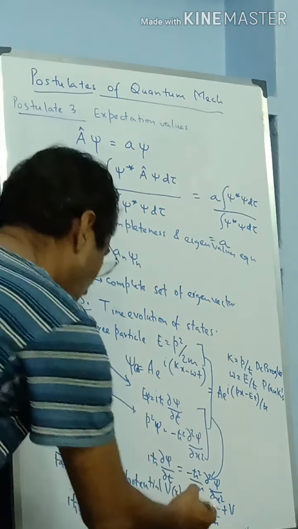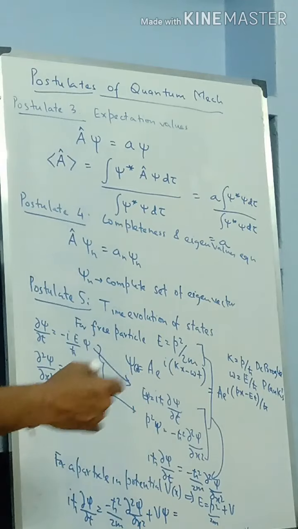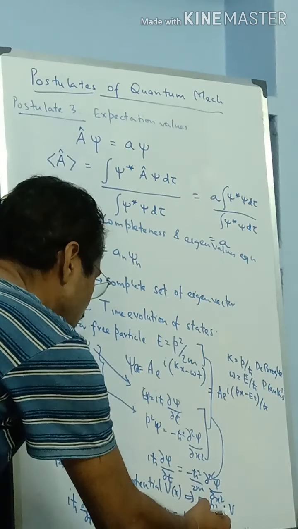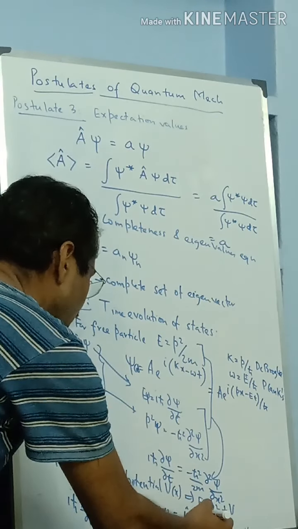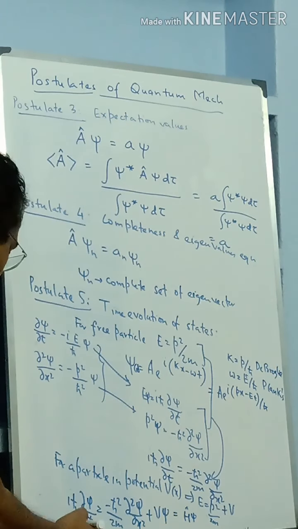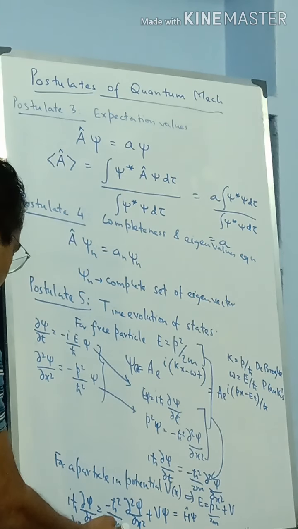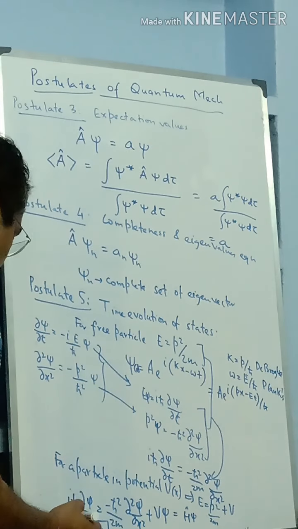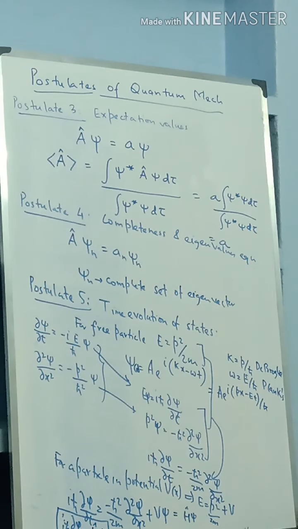The right hand side can be written as H operator operating on psi, and this equation is called the Schrodinger equation, which gives us the time evolution of the wave function.